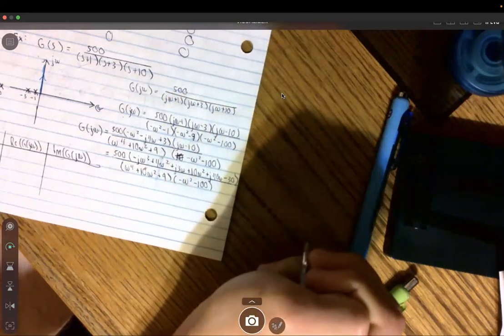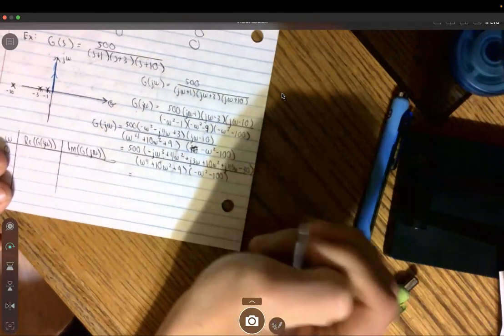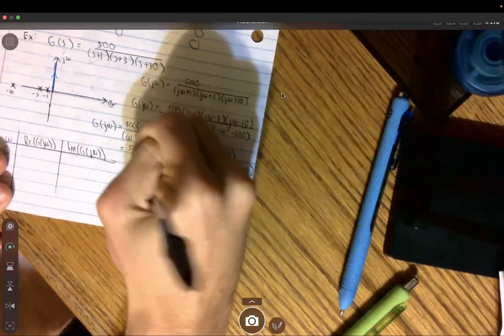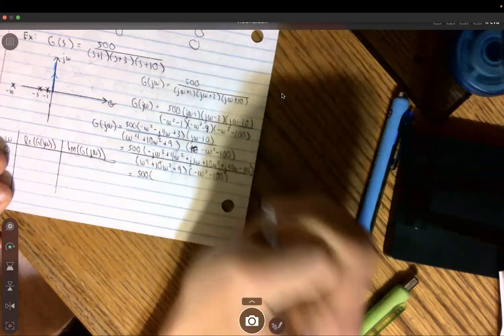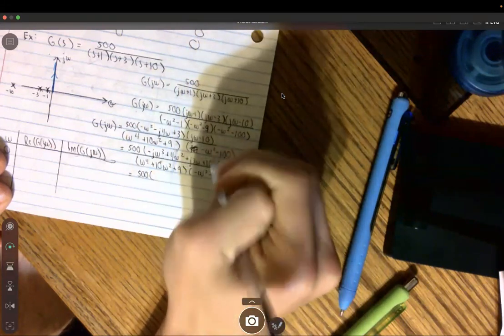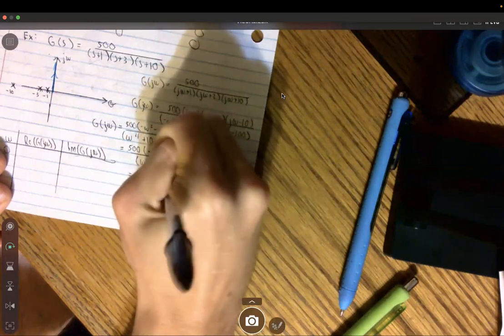Okay, then now when we simplify the j terms, we're going to get 500, and then it's going to be times, and then again the ones that don't have j terms. We have 14ω squared. Then we're going to have minus 30.